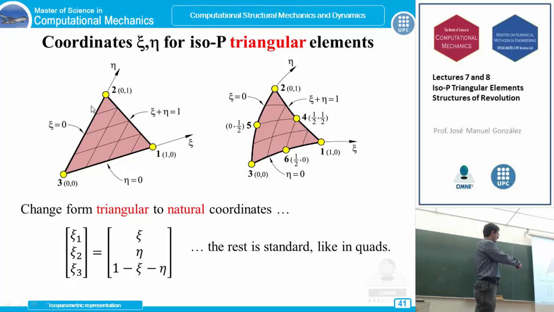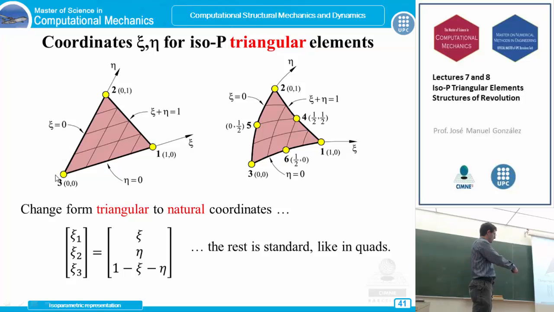So imagine for this node 1, this is G equal to 1, this is G equal to 0 in the opposite side. For this node 2, this is eta equal to 1, and this opposite side is eta equal to 0.